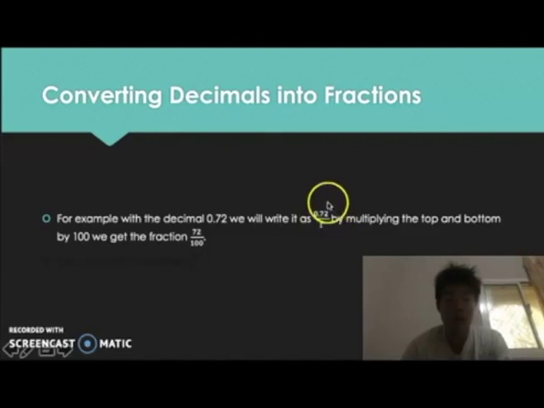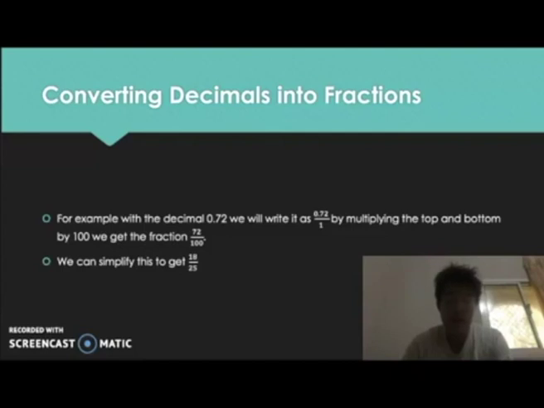If we multiply 0.72 by 100, we get the whole number 72, which is the key to making a decimal into a fraction. We will then simplify 72 over 100 into 18 over 25, which will give us 0.72 when we do the division. So this method only works for terminating decimals.